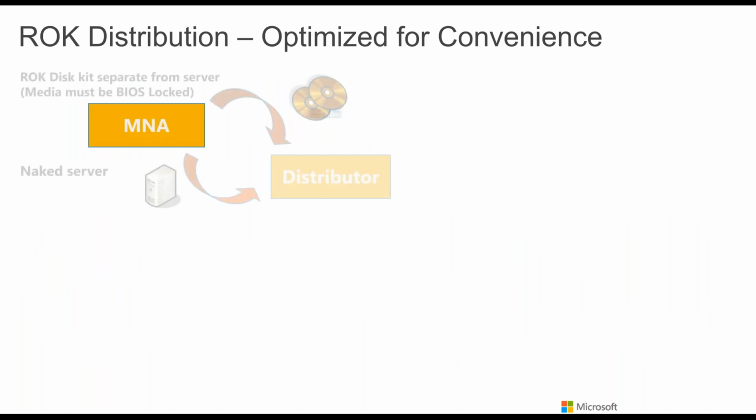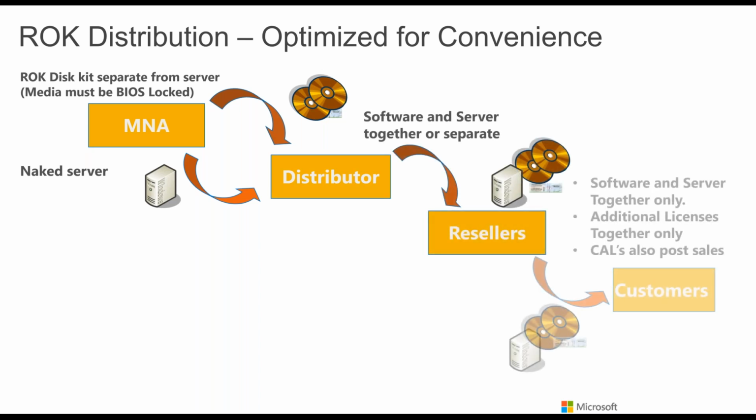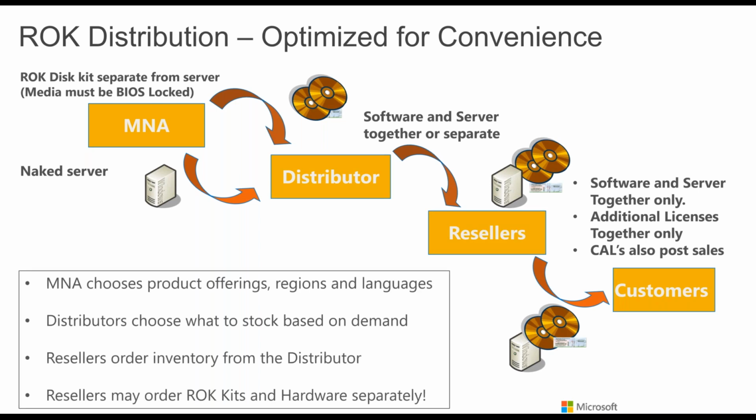Looking at how we distribute the licenses. When an end customer purchases a ROK license through resellers and distributors, the ROK license arrives at the distributor from the OEM as what we call a soft bundle.